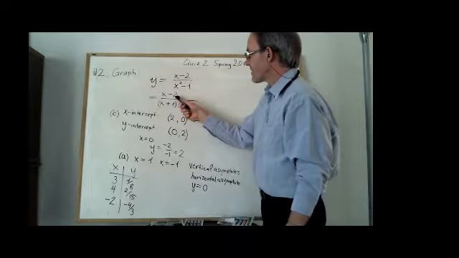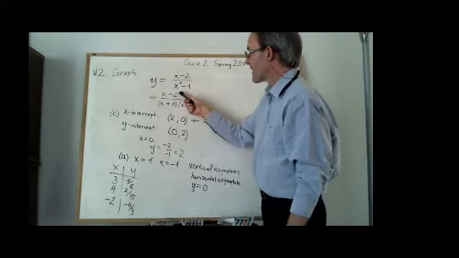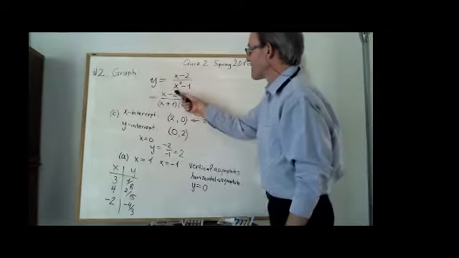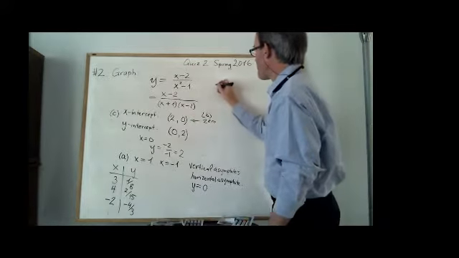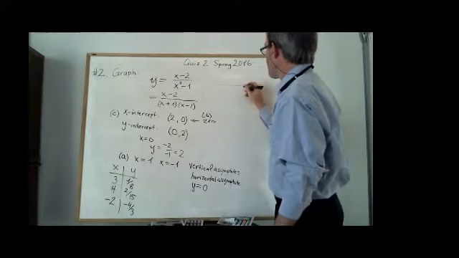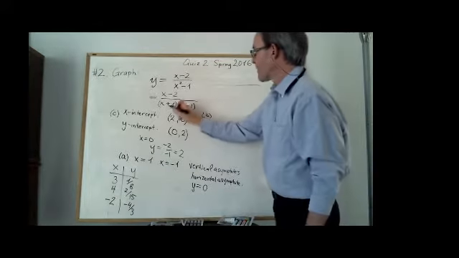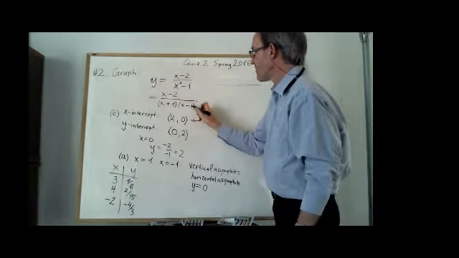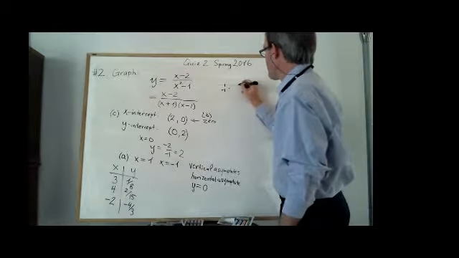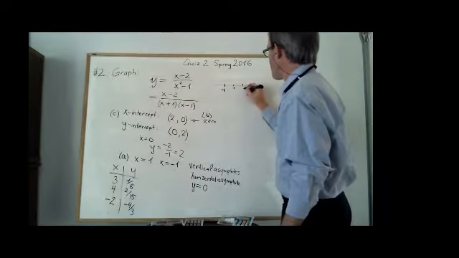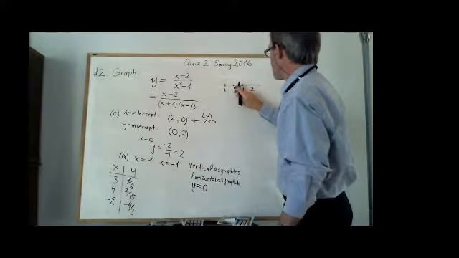These factors have points associated with them. The point is where this factor will change sign. So this factor is associated with the point 2. So along the x-axis, if I put all these points, minus 1, 1, and 2, it's 0.